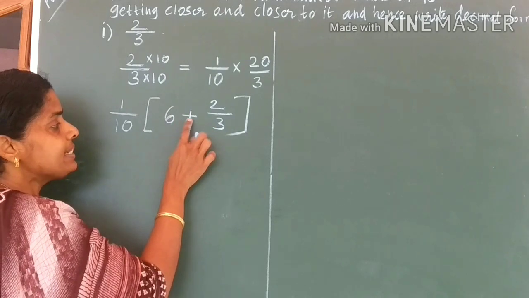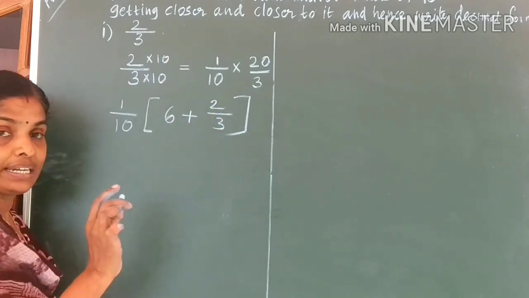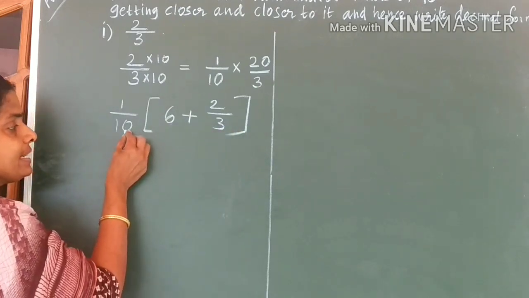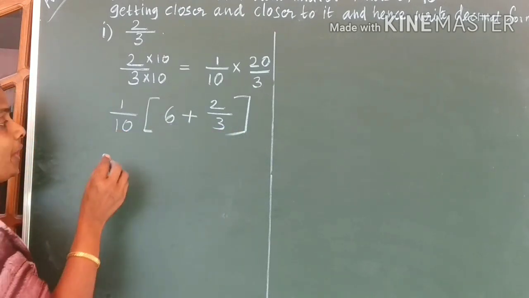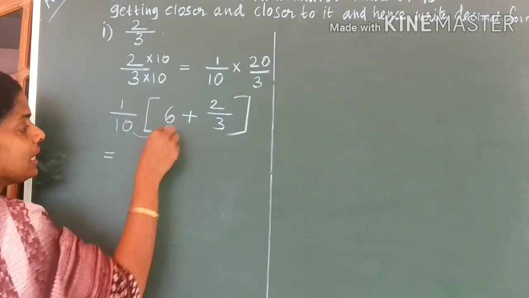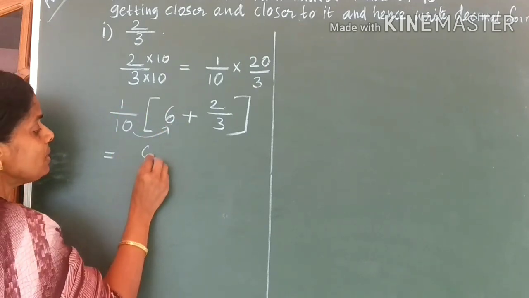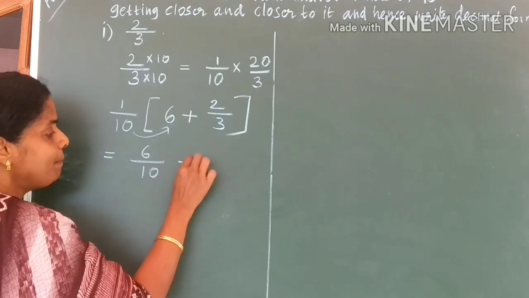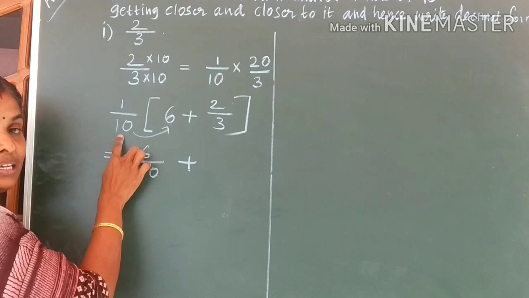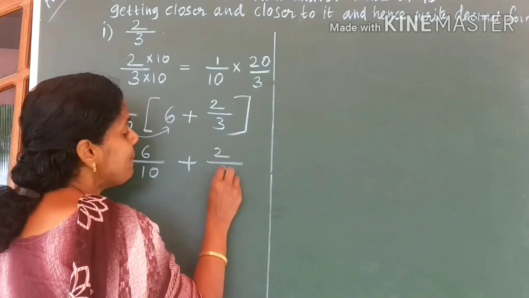So I wrote it as 6 plus 2 by 3. Now you multiply each of these fractions with 1 by 10. So what do you get? You get 1 by 10 into 6 gives you 6 by 10 plus 2 by 3 into 1 by 10 gives you 2 by 30.